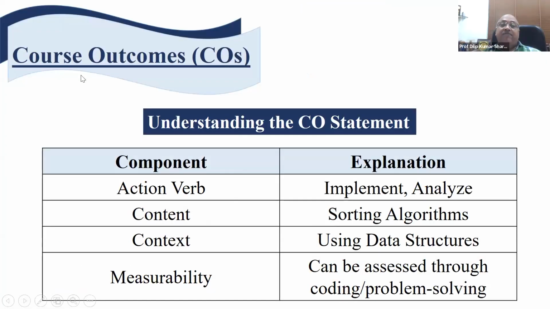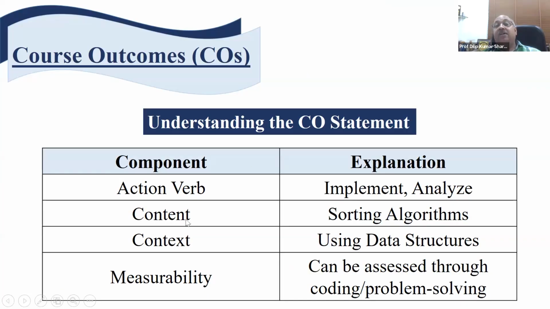Whenever we want to define the course outcome, how do we write the statement? There is a scientific method to write the statement. You can see the components used to write a course outcome statement. We are going to have 4-5 course outcomes for one course. First, the action verb, for example implement, analyze.